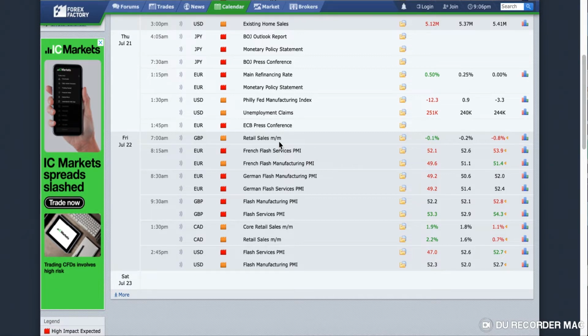Euro AUD, Euro JPY, Euro Swiss franc, all of them retracted from their upward move to the downside. We had a very massive move to the downside.